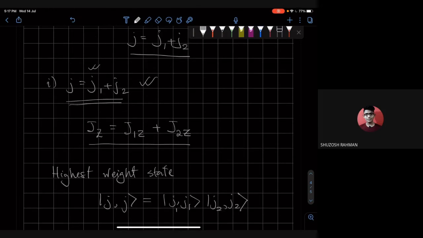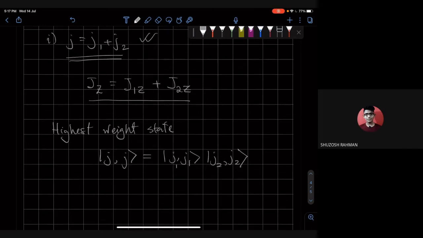We are also assuming that J1 is greater or equal to J2, without loss of generality. Okay, so is it clear why this has to be the case for the highest weight state?